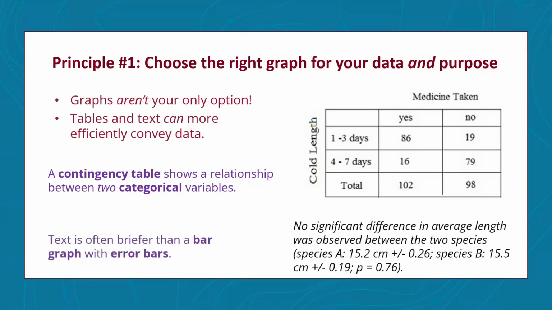If we're trying to compare just two group means to each other, sure, we could use a bar graph, but text is often going to be way more succinct at conveying that result than a bar graph could ever be. So you needn't and shouldn't always reach for a graph. Sometimes text, a table, or making the raw data set available in some capacity would be better.